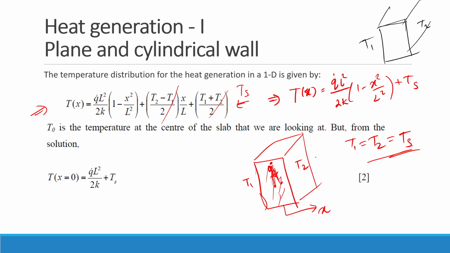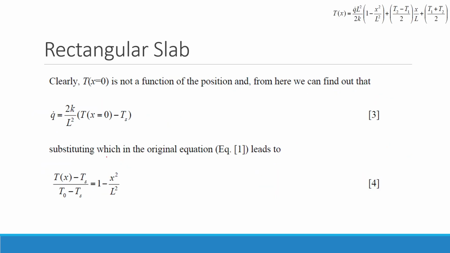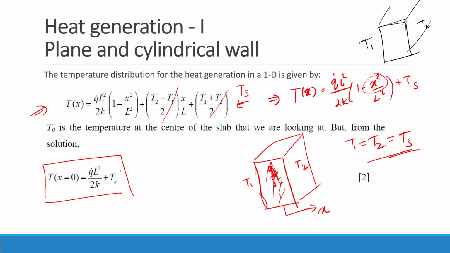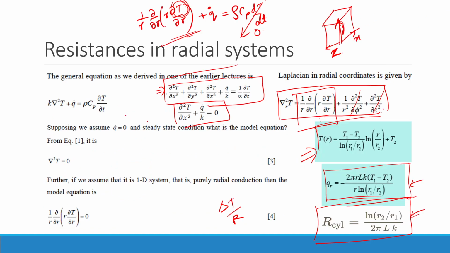For that, you can just put x equal to 0 in this equation, and you will get the temperature at the center of this block. Using this, you can find this q dot at the center. So overall you can get the original equation that can be used to find the temperature at any given x without using this entire equation.